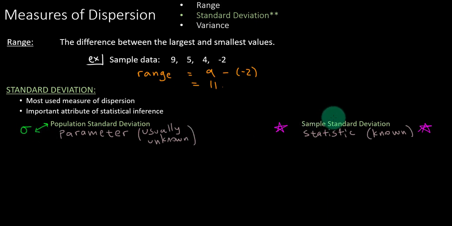And over here, the standard deviation of a sample usually just is represented by the letter S. Let's look at the formula now. The formulas for these are nearly identical, but there is a distinct difference. Let's start with the population standard deviation.